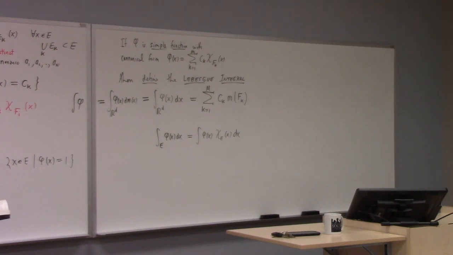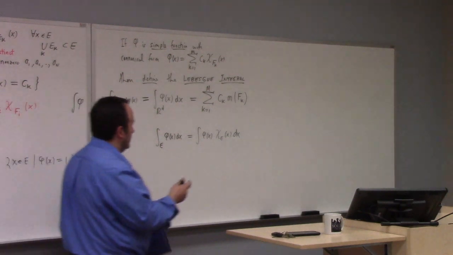So what are the properties? Independence of representation. While we've used the canonical form to define the integral, because that way we have a precise definition that's unambiguous, if you took any other representation for phi, like we started with, possibly overlapping, it would give you the same result.